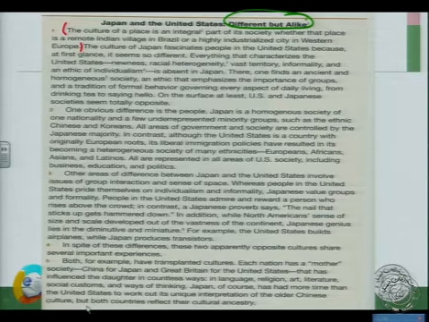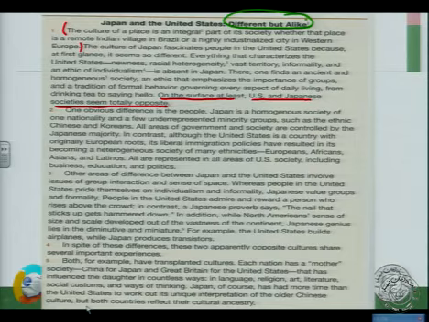Now let us read the thesis statement. Where is the thesis statement? We need to look at the last part of this introduction paragraph. On the surface, at least, US and Japanese societies seem totally opposite.